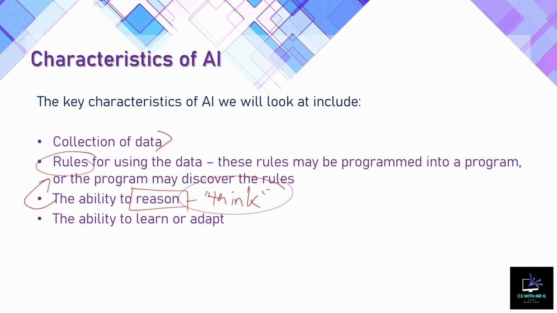Finally, the ability to learn or adapt means that they get better and better over time, learning from their experiences. This is what you might have heard called machine learning. This is where AI has really accelerated in the last couple of years with their ability to learn and adapt. An easy to understand example to show its ability to learn would be the autocorrect system on your phone.